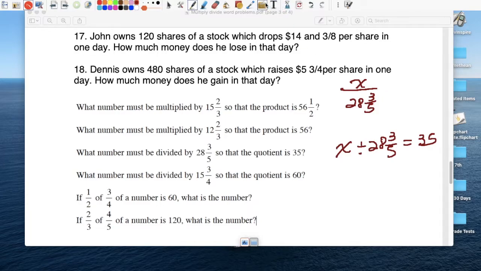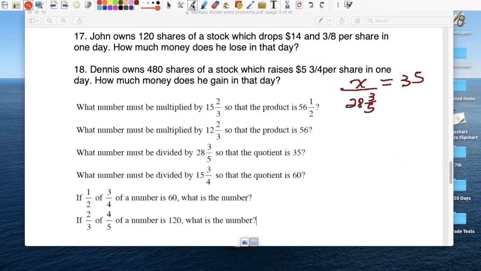Writing it like this, a number divided by 28 and 3/5 equals 35, is exactly what this also says.